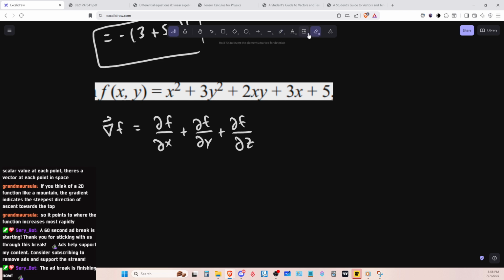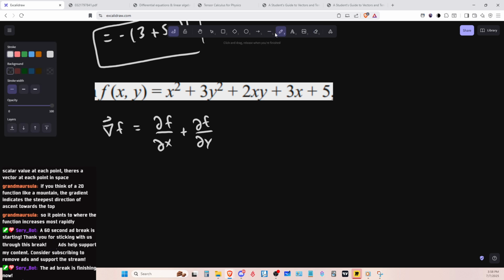Okay, so I don't think we need the z part because it doesn't look like it has z's in it. So in this case, we have 2x plus 2y plus 3, and then plus, for the y's we have, and then plus 2x.